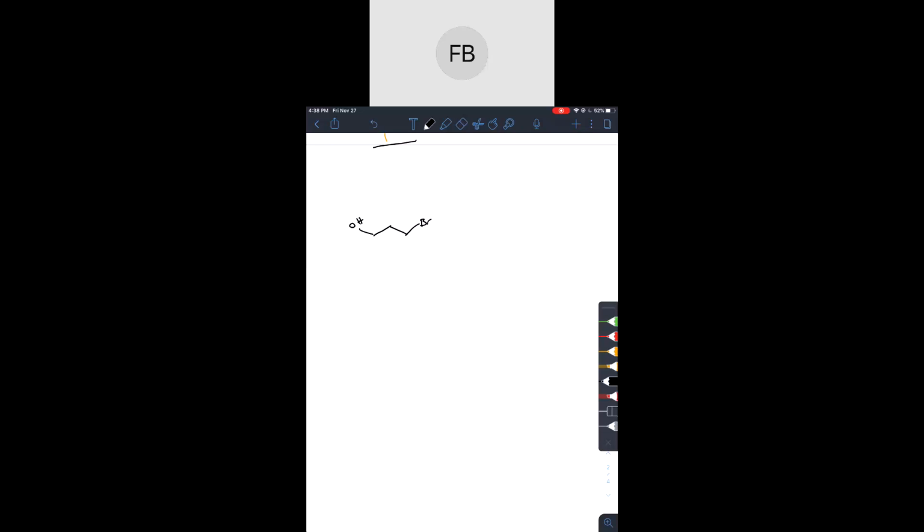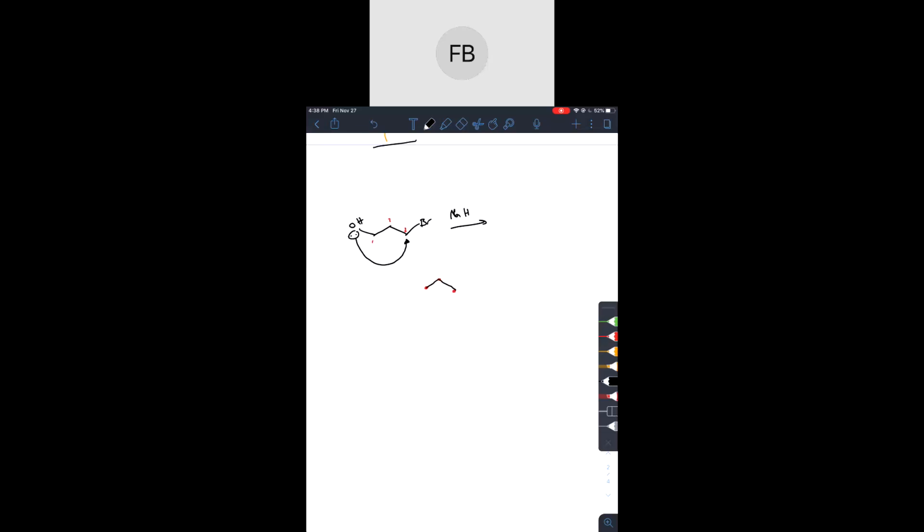Since he said it's cyclicization, and he has an NaH here, you know that it's probably the O attacking this. All you have to do is count up your carbons, make sure you know how many carbons there are, and draw those carbons out.